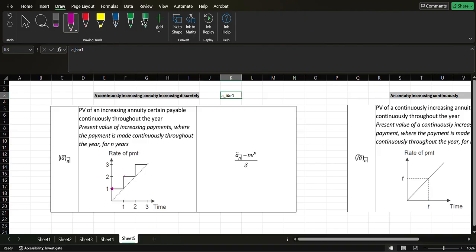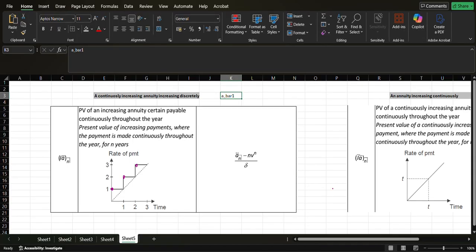And this one, because A bar one only does this for 1 year, it won't do it for 2 years. So A bar one will give us the value of this continuous payment stream at time one, and A bar one will give us the value of this continuous payment stream at time 2. So we have the present values of the continuous payment streams, and we'll end up having discrete payments, which are the dots here, the discrete payments at each time, which we can model in Excel. So this type of annuity, a continuous annuity increasing discretely, we can model in Excel.